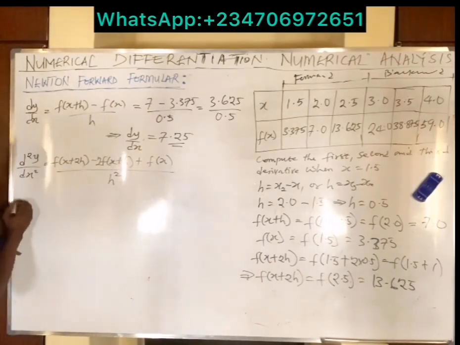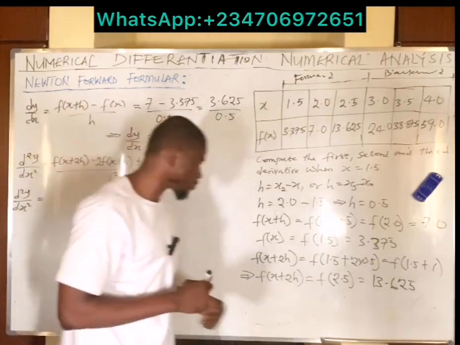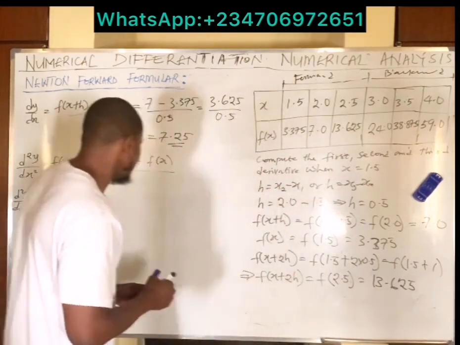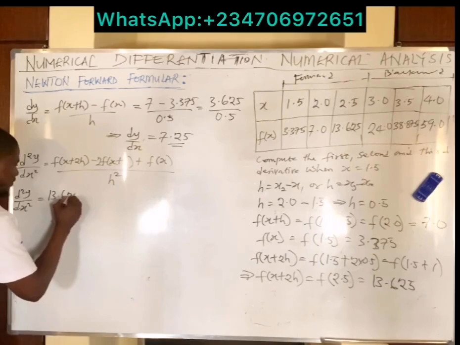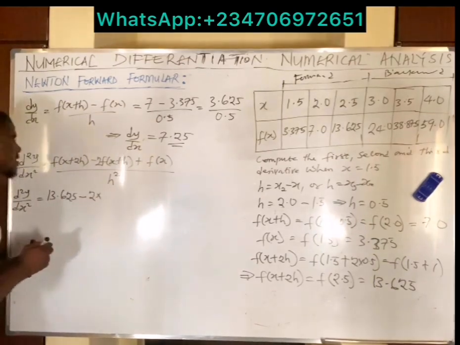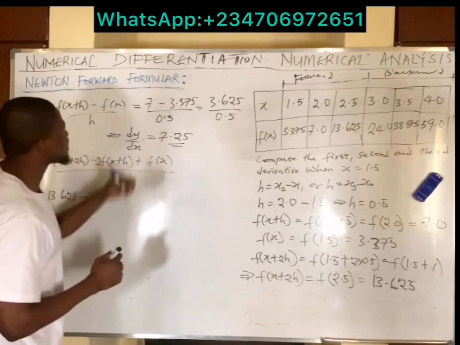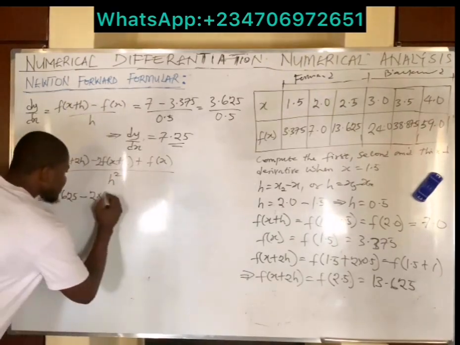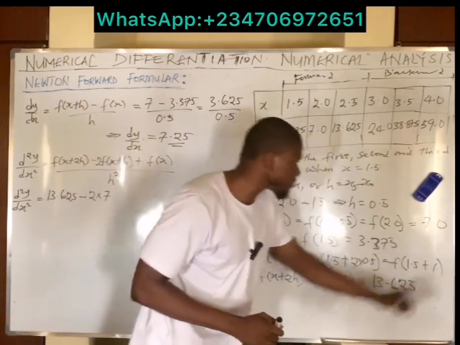We can now find that d squared y over dx squared is equal to, it says f of x plus 2h, and f of x plus 2h gave us 13.625. So we have 13.625 minus 2 times f of x plus h, and once again f of x plus h gave us 7, so you can see it here, f of x plus h, that gave us 7.